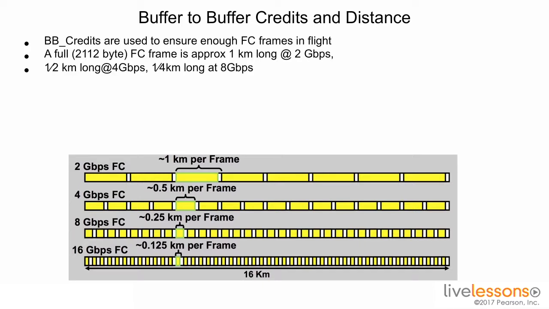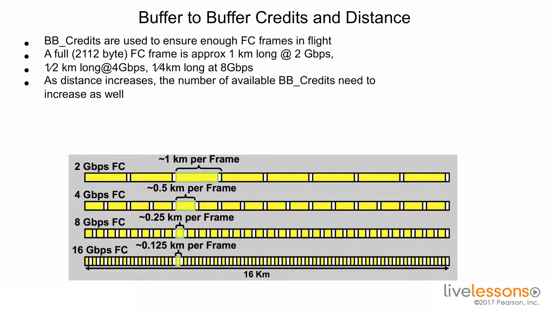For instance, a full Fibre Channel frame is approximately 1 kilometer long at 2 gigabits per second. It's about 1/2 kilometer long at 4 gigabits per second and 1/4 kilometer long at 8 gigabits per second. So as the distance increases, the number of available buffer-to-buffer credits needs to increase as well.